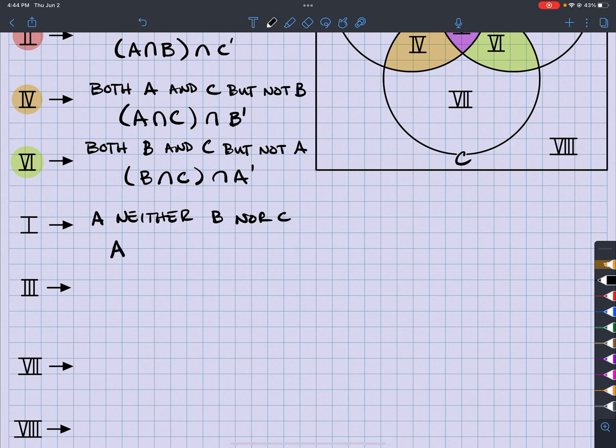I would say A intersect not B intersect with not C. And there we go.